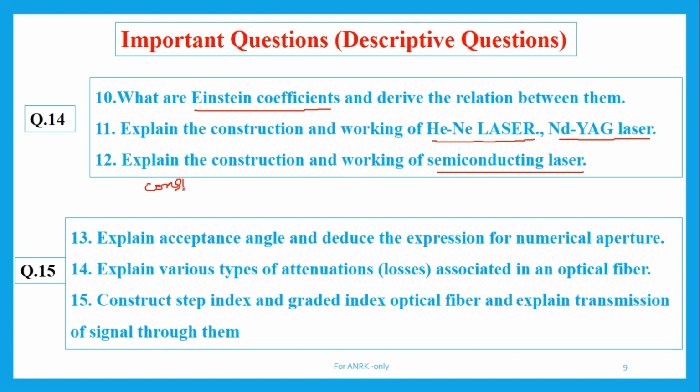Construction and working, both are required. In the exam, for the construction we have to draw the block diagram of that system. For the working, an energy level diagram is a must, to explain which wavelength is emitted from which energy level to which energy level. Those are the things related to lasers.